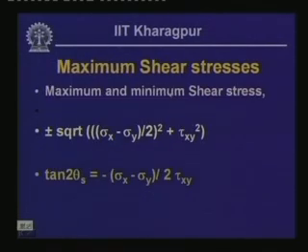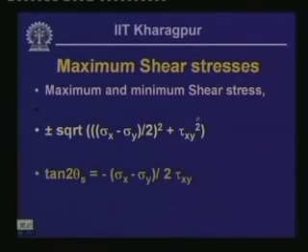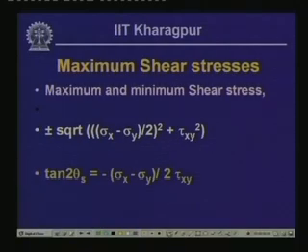Also, we had evaluated the maximum shear stresses on planes, and we had observed that the maximum shear stress occurs in planes which are at an angle of 45 degree with reference to the principal planes, and the magnitude of the maximum and the minimum shear stresses are plus square root of sigma x minus sigma y by 2 square plus tau x y square, and the minimum one is minus square root of sigma x minus sigma y by 2 square plus tau x y square. This we had evaluated last time.